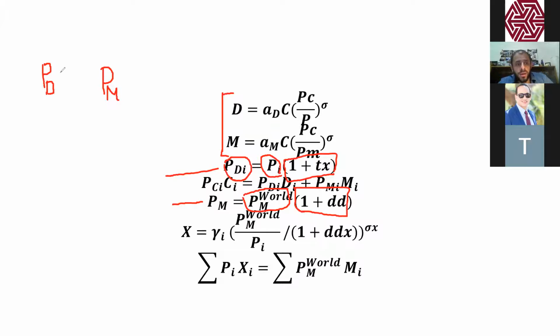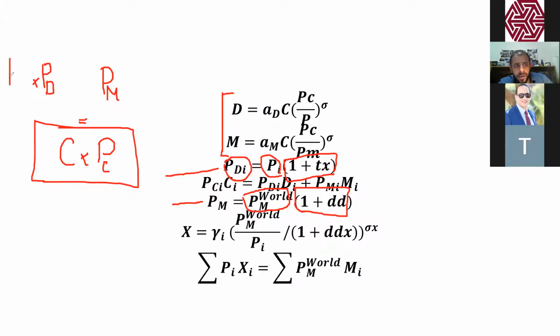So that's why my basket of consumption, which I will call C, will have a price that I will call PC, okay? And this value is equal to the price of my domestic goods plus imports multiplied by the price of imports, okay? What does this conceptually mean?